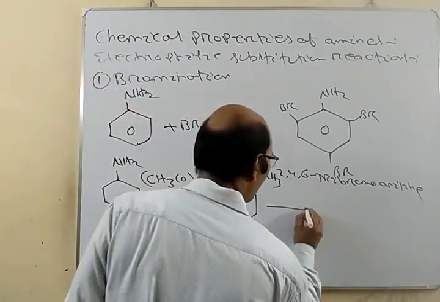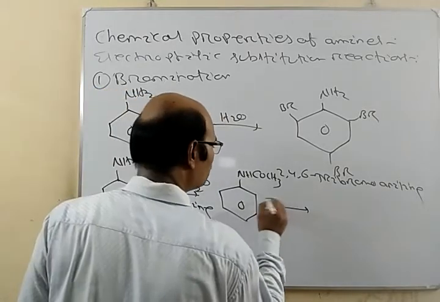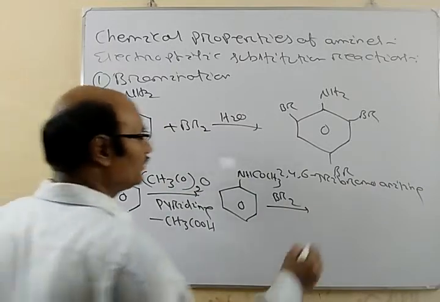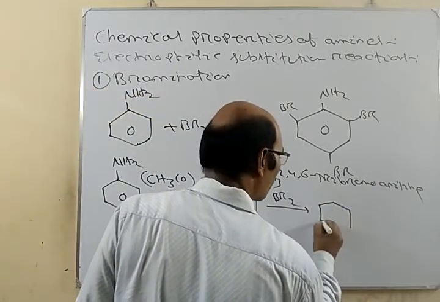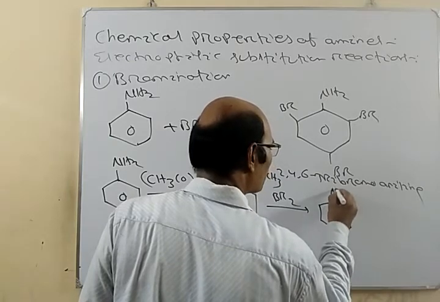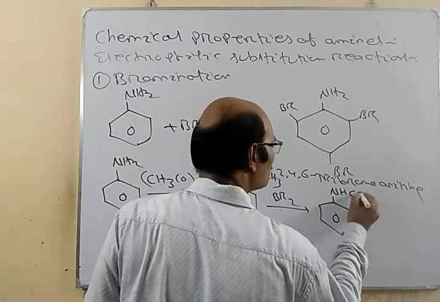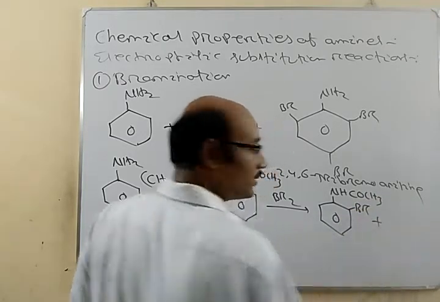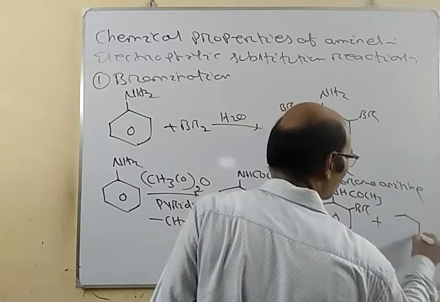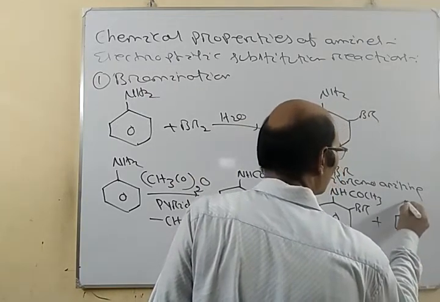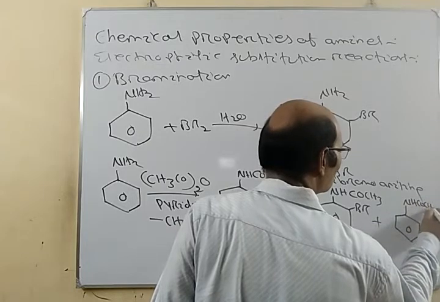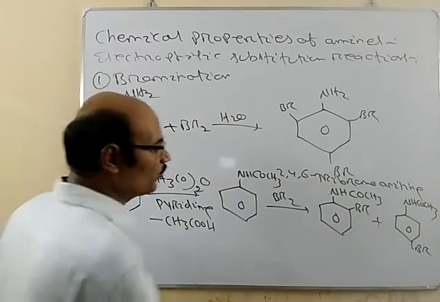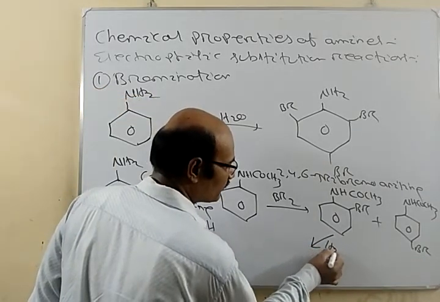Then after, okay, we add bromine. So we get what? NHCOCH3 with Br plus NHCOCH3 with Br. Now we go for what? H2O, H plus.